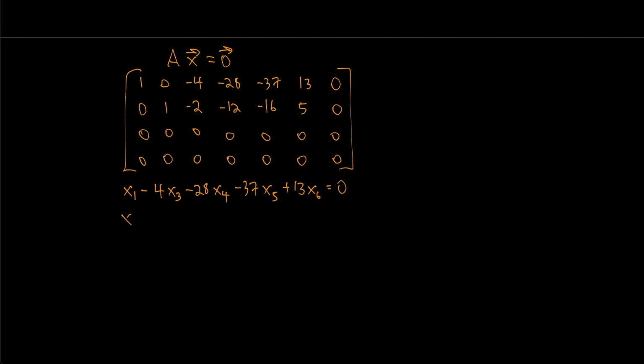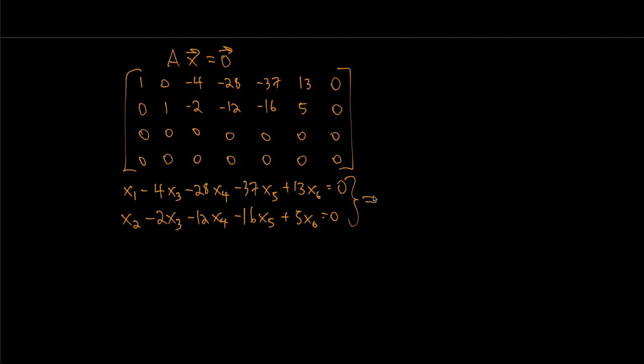And we also have that x2, because there's no x1 over there for the second row, x2 minus 2x3 minus 12x4 minus 16x5 plus 5x6 equals 0.